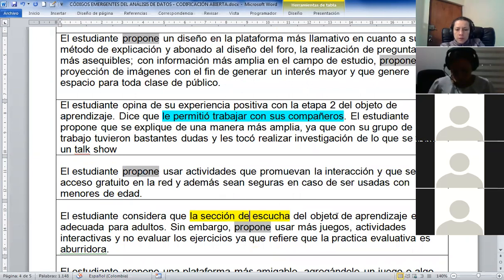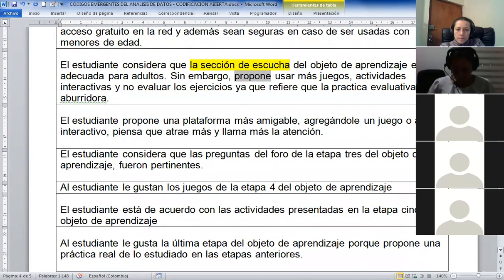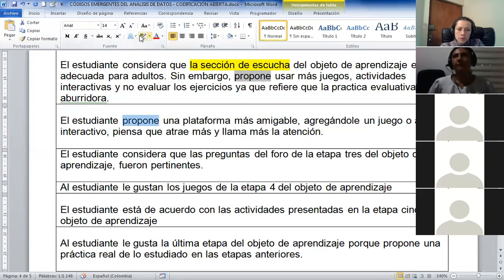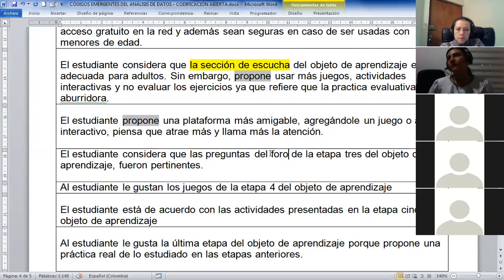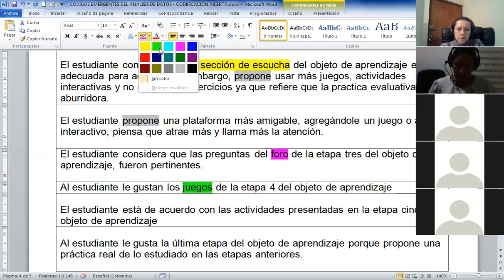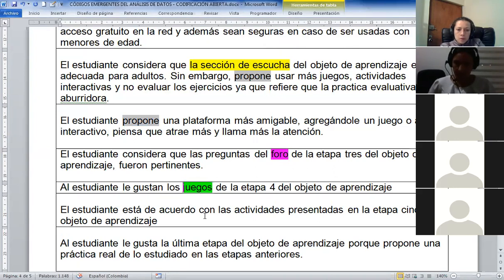Proposals, the listening part, more proposals here. The forum, here this is about games in the grammar part. Here this is about activities.